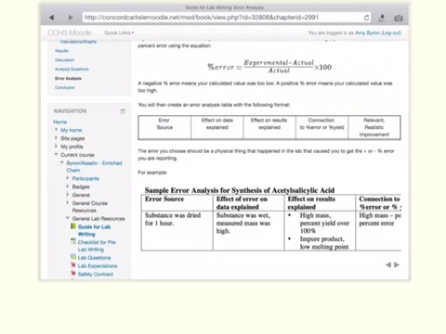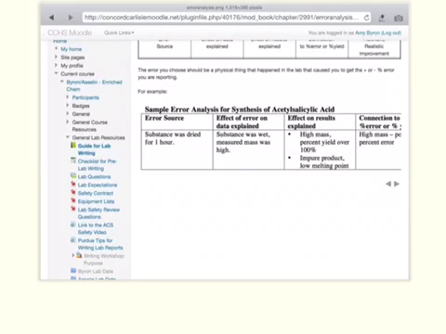This is an example on the synthesis of acetylsalicylic acid, which is aspirin. If you guys take organic chemistry, you're actually going to have that. So what you've got is your error analysis table, right?